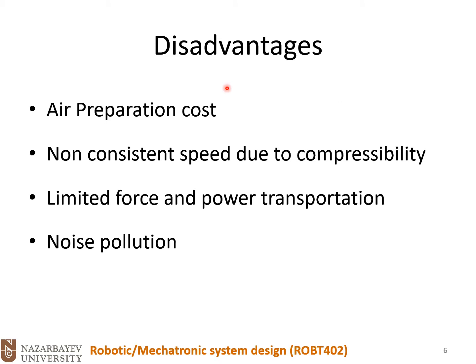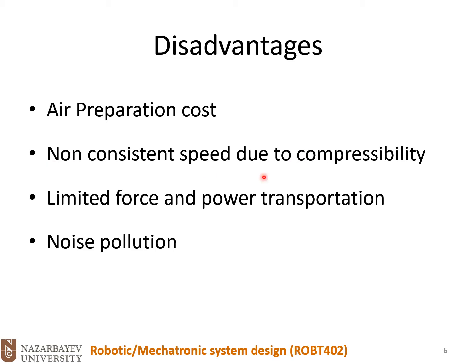What are the disadvantages of pneumatic systems? Air preparation cost. Anyway, that compressor should work once in a while to prepare the pressurized air, and that costs some money. Non-consistent speed due to compressibility.